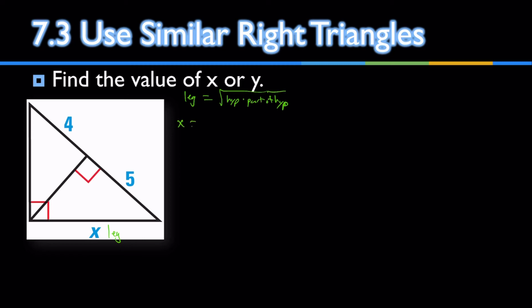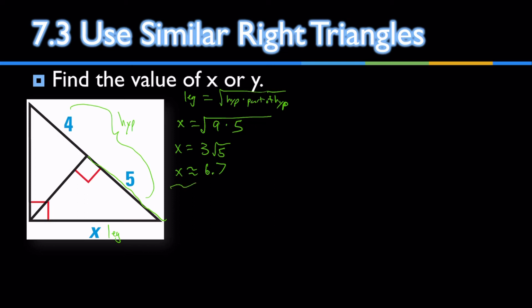So our leg is x, and the hypotenuse would be the whole thing, which is 9, and the part of the hypotenuse touching the leg is 5. That'd be the square root of 45. Square root of 9 is 3, so it's 3 square root of 5, which is approximately 6.7, in radical form and decimal form.